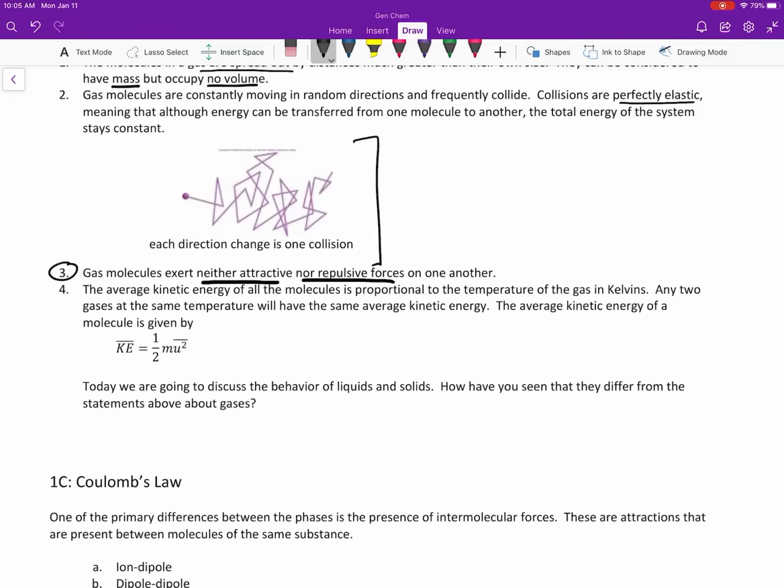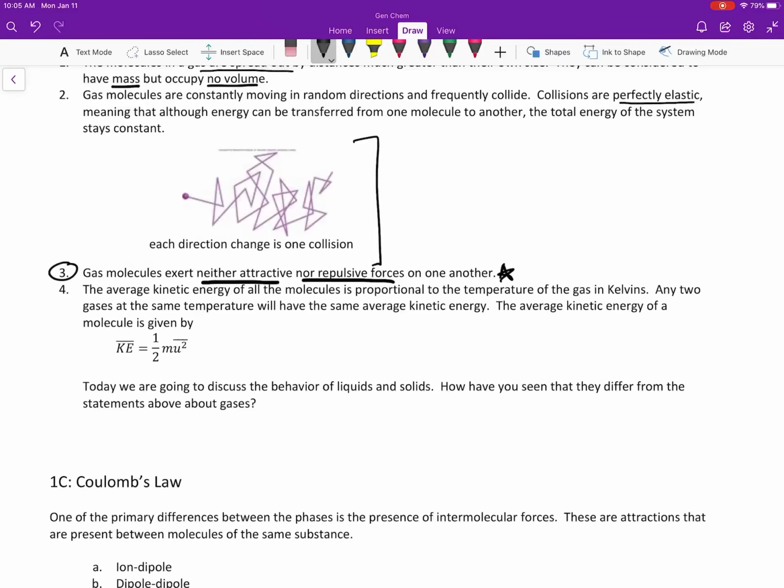In fact, attractive forces are going to be what holds the liquid or the solid together. So in liquids and solids, the fact that number 3 is not true is what allows us to have a fixed shape with liquids and solids.